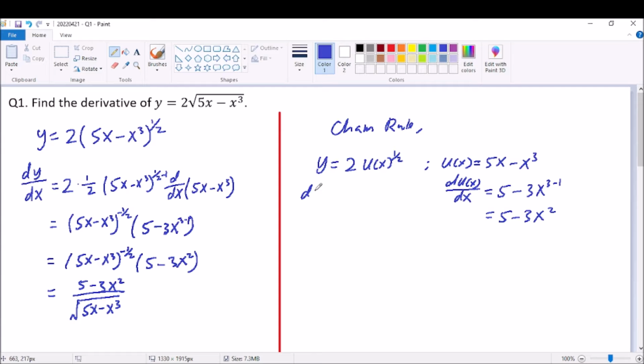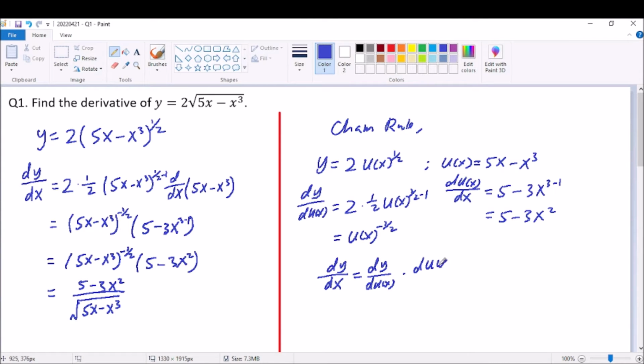Now we solve dy over du equals 2 times half, u(x) to the power half minus 1, equals u(x) to the power minus half. Therefore, dy over dx equals dy over du multiplied by du over dx. Now we put in all the expressions.